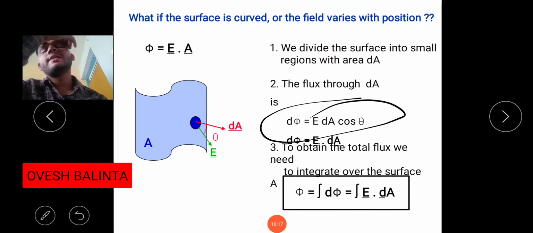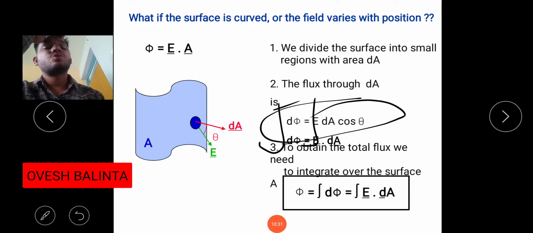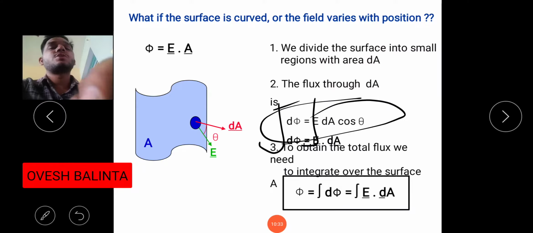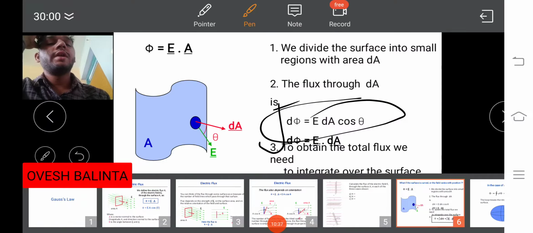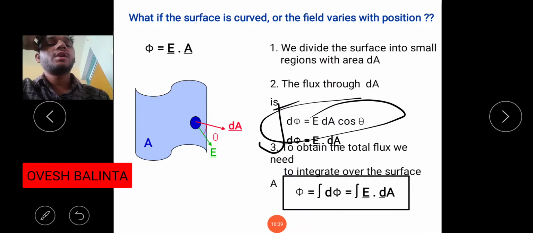The third is to integrate over the surface to obtain the total flux. So we take d phi as an integration, and the integral of d phi is E into dA, which gives us the total flux phi.